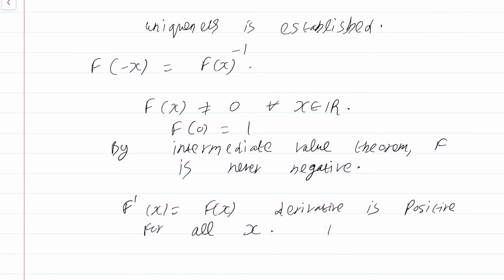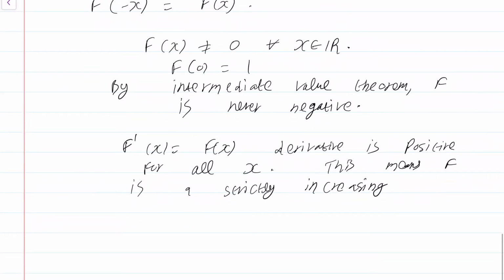This means f is a strictly increasing function, which we have seen in the various theorems that we have established in the part on differentiation. So f is a strictly increasing function.